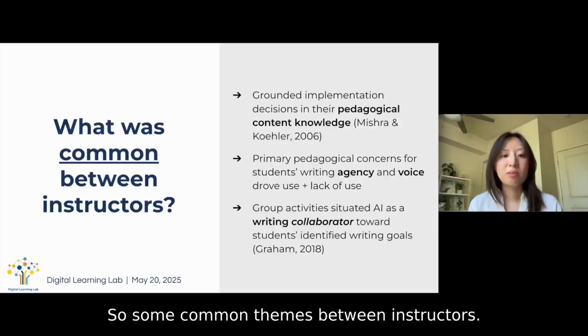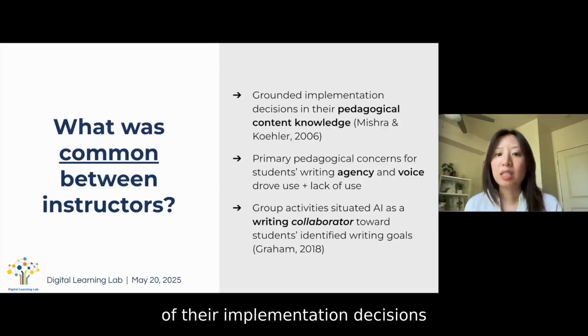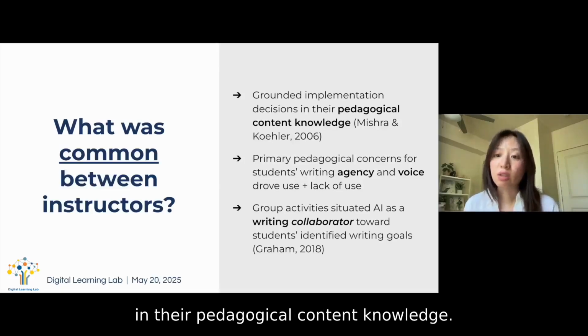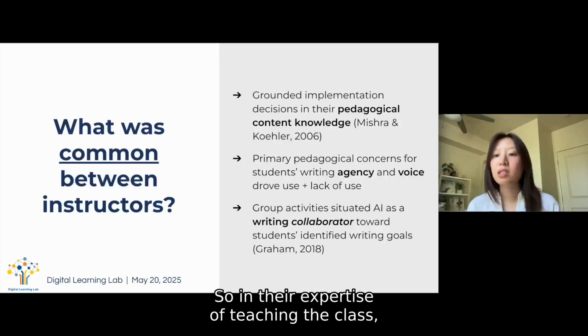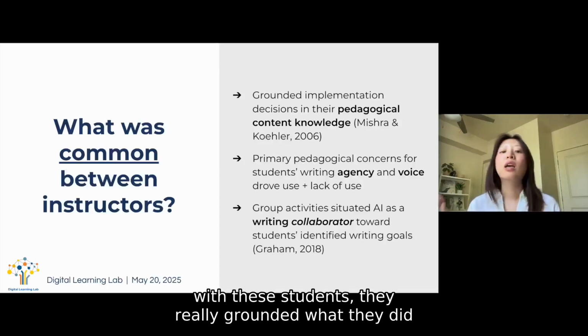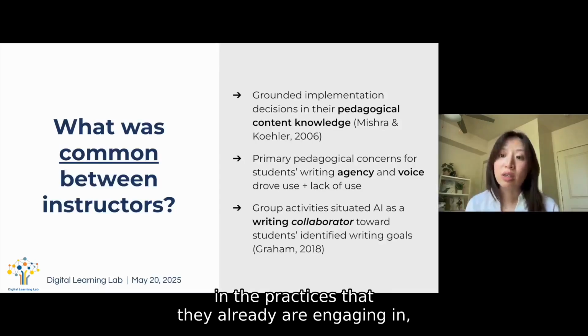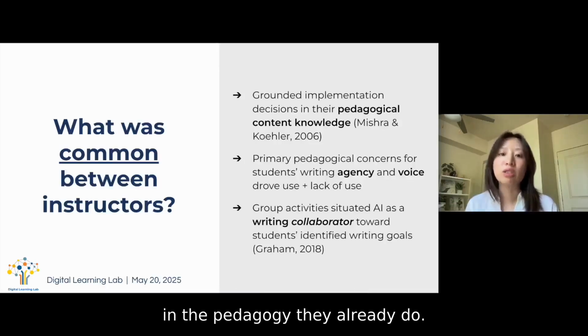So some common themes between instructors. First, instructors grounded all of their implementation decisions in their pedagogical content knowledge. So in their expertise of teaching the class, having taught the class many times before with these students, they really grounded what they did and how they chose to go about it in the practices that they already are engaging in, the pedagogy they already do.